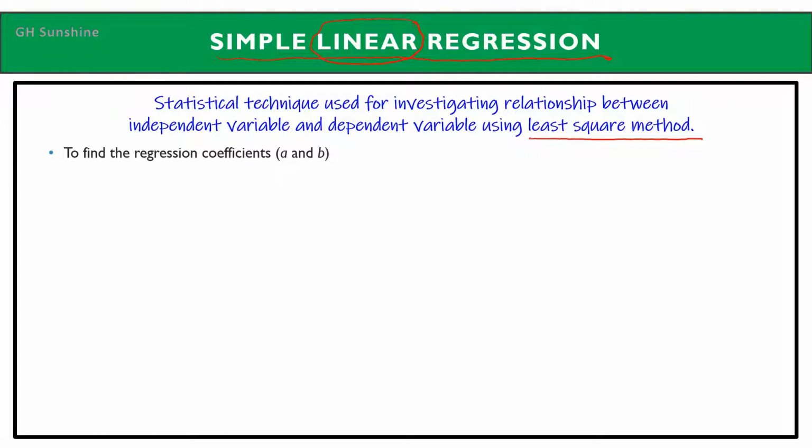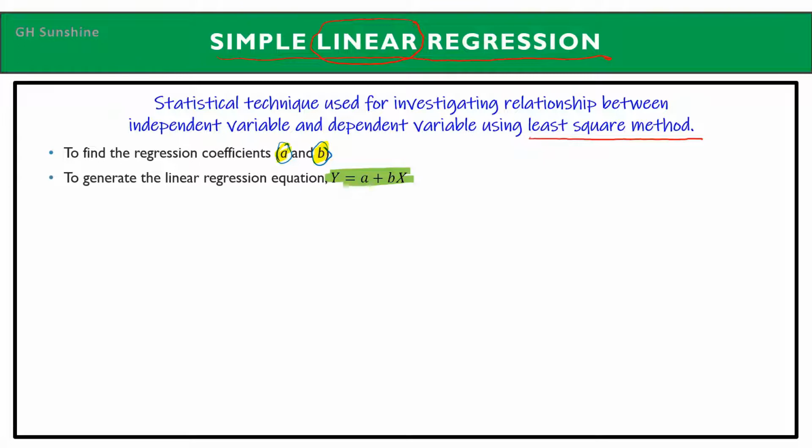First, you need to find the regression coefficients A and B. A is the constant value, meanwhile B is the slope or gradient. Second, you can generate the linear regression equation or linear regression model: Y equals A plus BX.